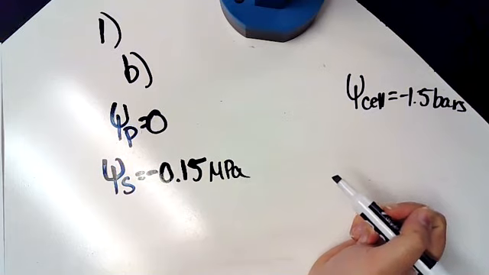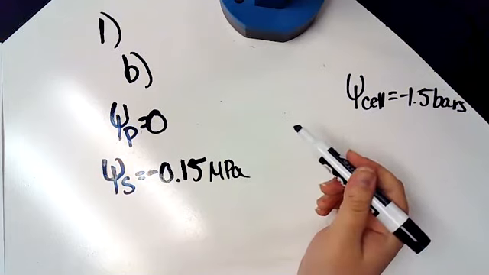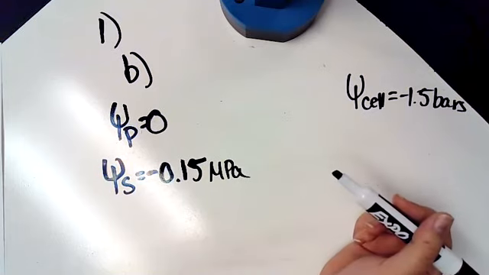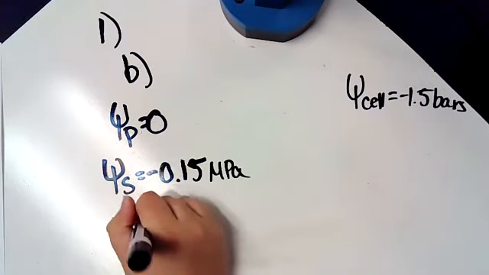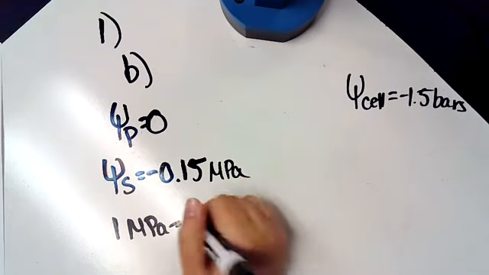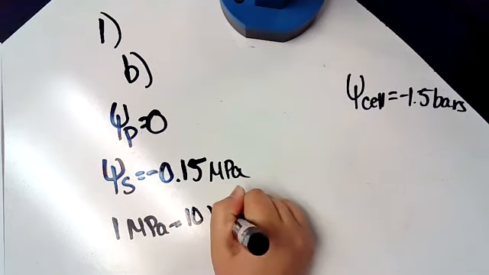And then we're looking for what the net direction of water movement would be. It tells us that 1 megapascal equals 10 bars.